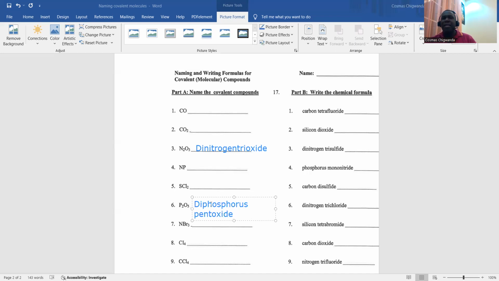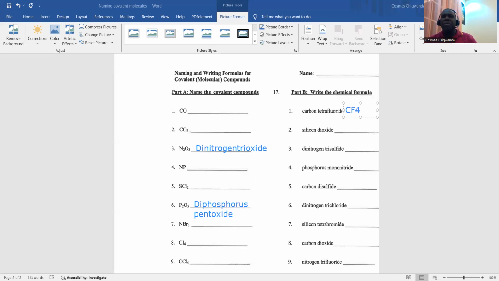We can also be given the name, and we are supposed to come up with the formula. Carbon tetrafluoride. This is now opposite. How do we do this one? We now know that it's carbon, and it's tetrafluoride. So it means it's carbon and there are 4 fluorine atoms.